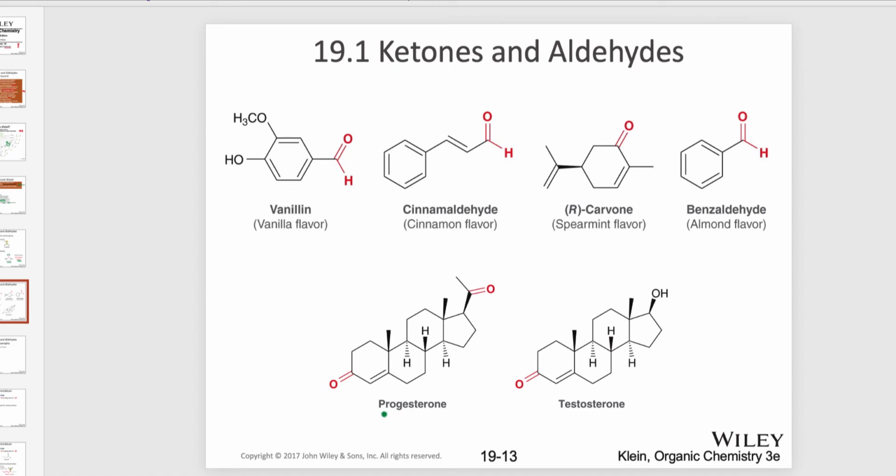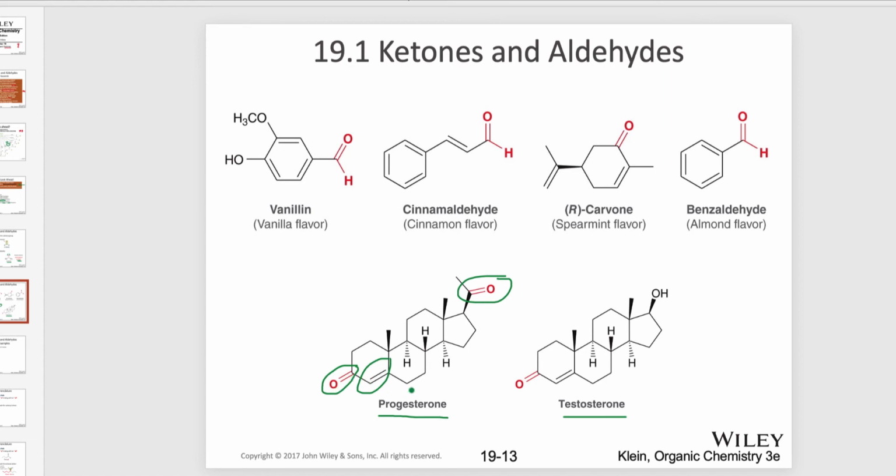When we look at steroids, basically very powerful messenger molecules. Here are two: progesterone, associated with the female body, testosterone, predominant in the male body, although women have testosterone as well. Here we have a ketone functionality in the side chain on the 5-membered ring, and here we have a ketone functionality on a 6-membered ring that actually happens to be conjugated, right?